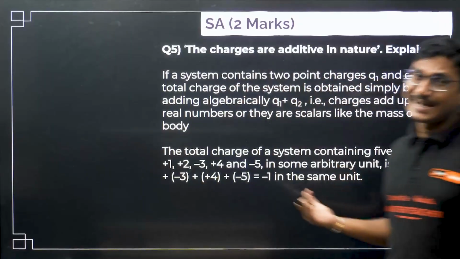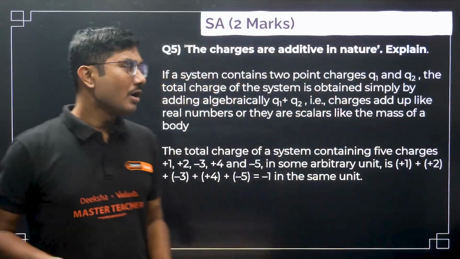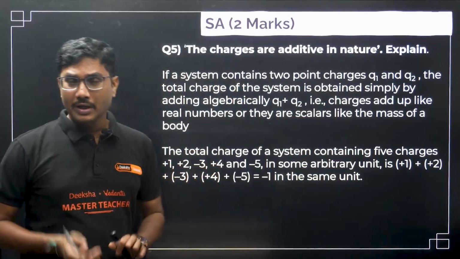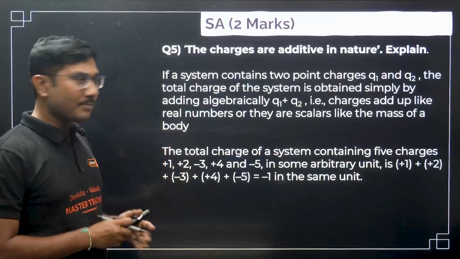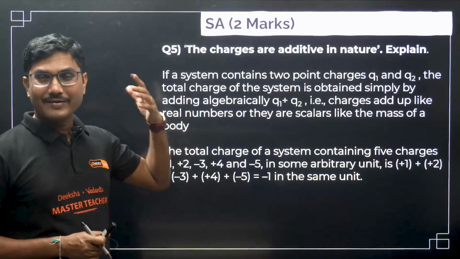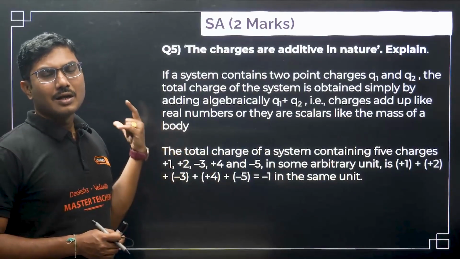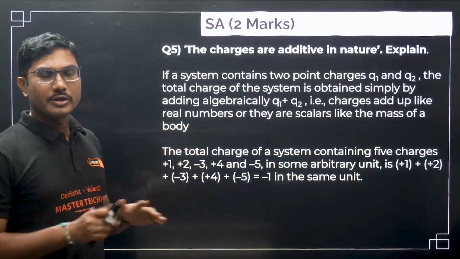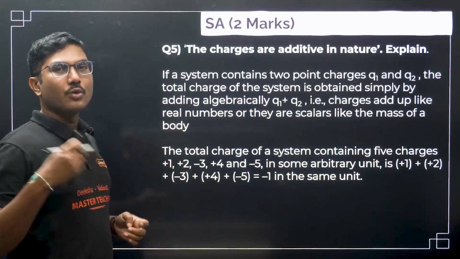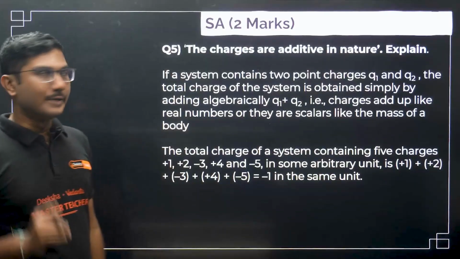The example is directly taken from your NCERT textbook, but this is one of the very common and easy to understand explanations. You don't need to remember this example. You can have any charges of your understanding. If you understand this, you can write it using your own words and your own numbers as well.